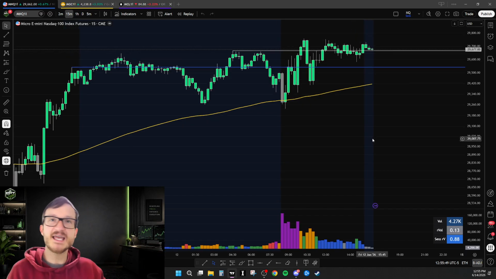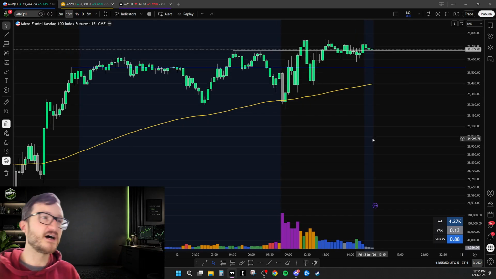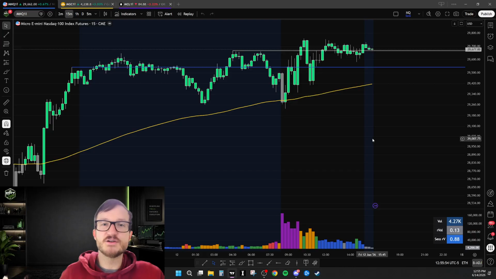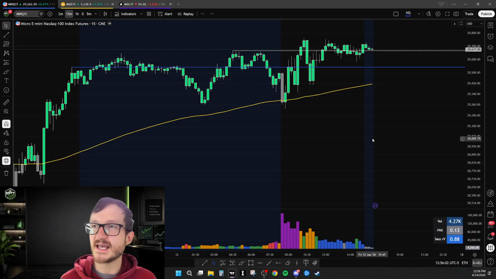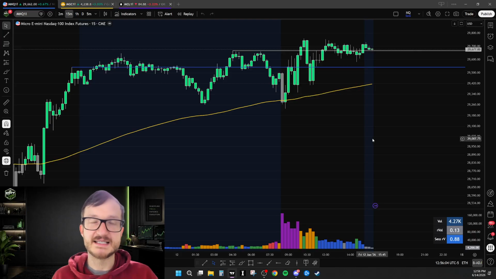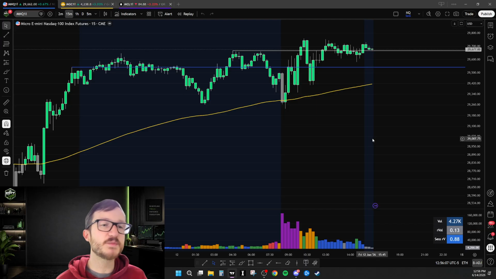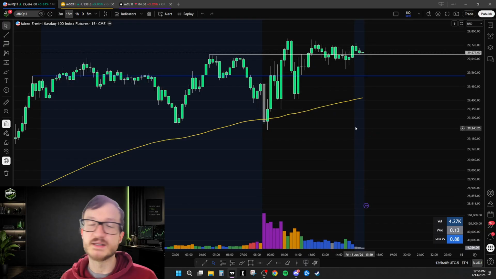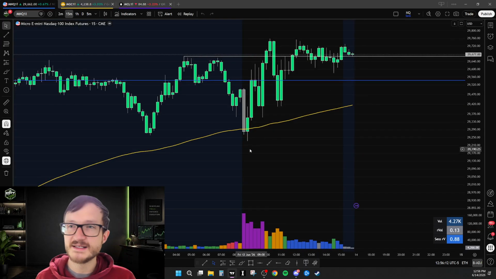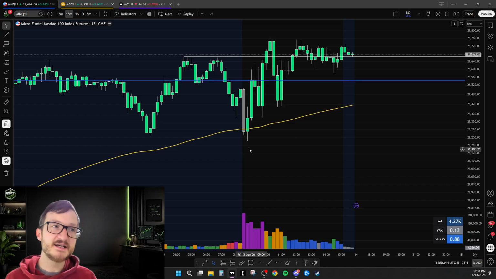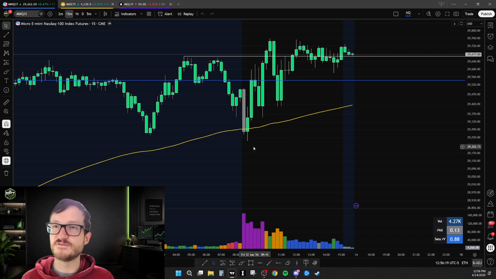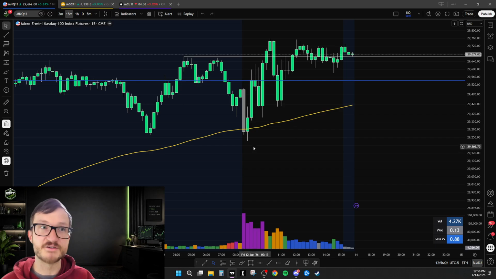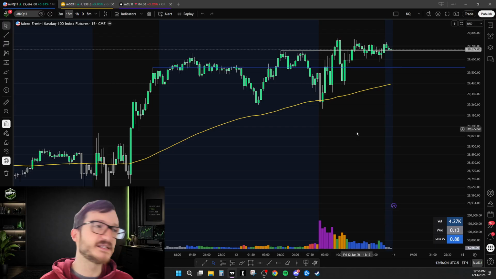So if you're in Asia session and you're trading futures or stocks or whatever you might be trading, well, suddenly it will give you a quick glance at how much participation is happening today versus the last 10 days. Super helpful. Same with New York Open. Let's say you're trading the US market open. At that time, it's going to compare the last 10 trading days of the open and give you a session relative volume. Are we at higher than average volume or not? So really cool little table down there at the bottom.